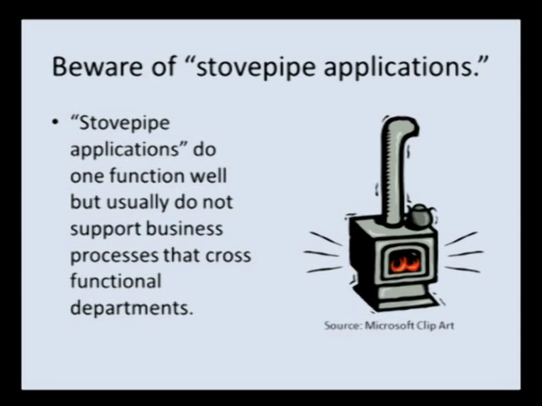Well, just optimizing the performance of one department or two departments or more using stovepipe applications is not usually beneficial in the larger sense, because the business processes of your organization cross departments, processes cross functions.